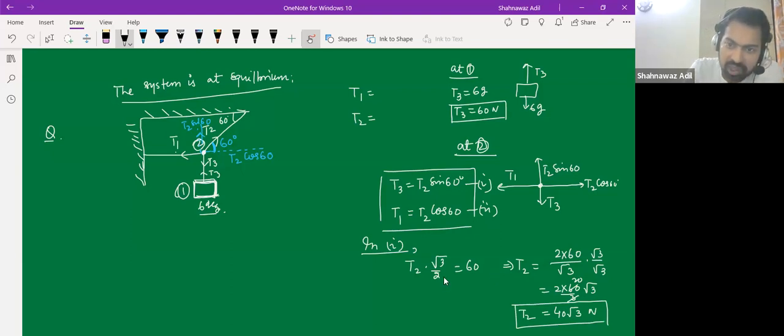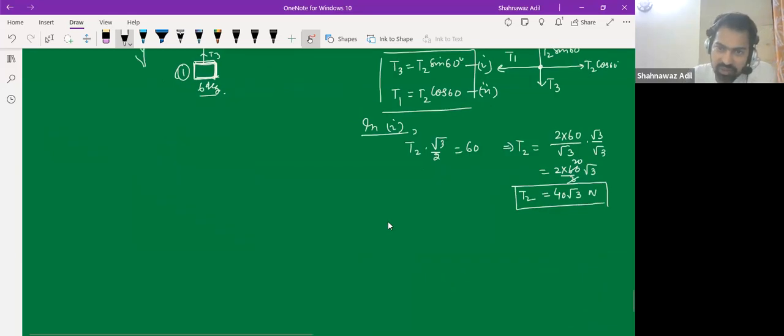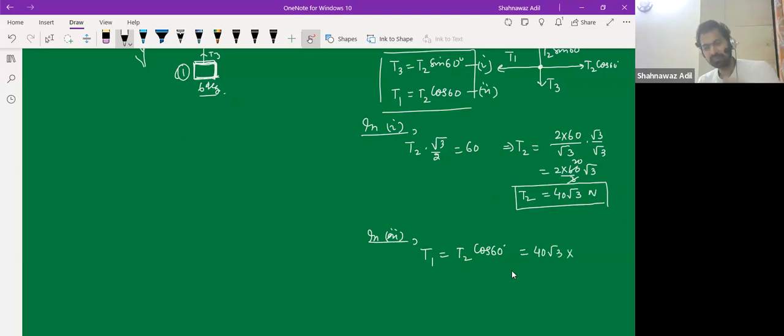Now, in equation 2, we have T1 equals T2 cos 60. So T2 is 40 root 3 by 3. And how much is cos 60? Cos 60 is how much, guys? One by root 2, says Akib.